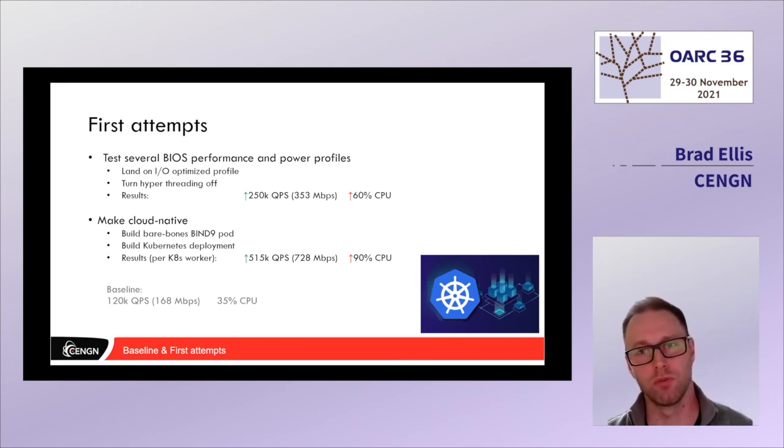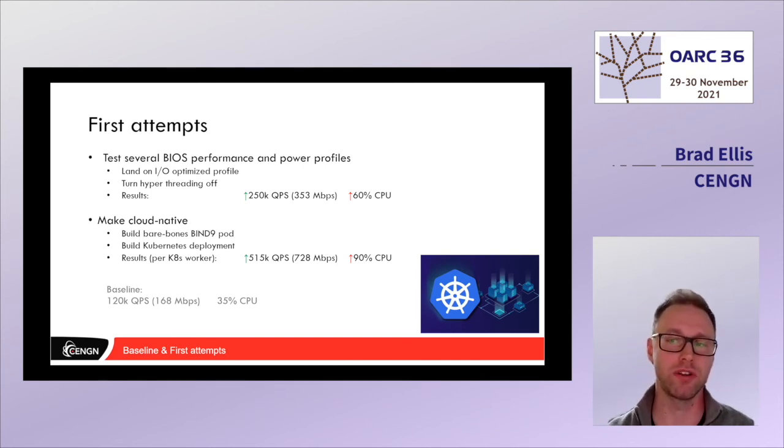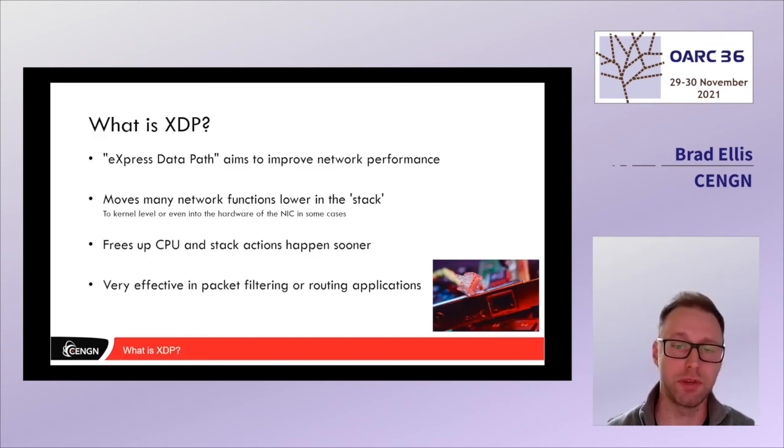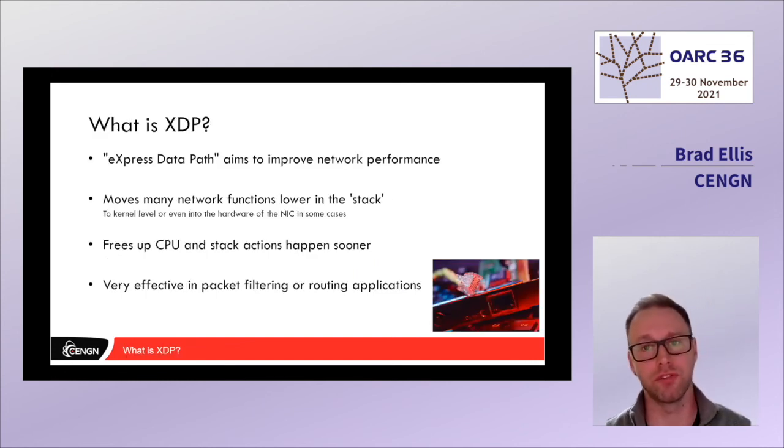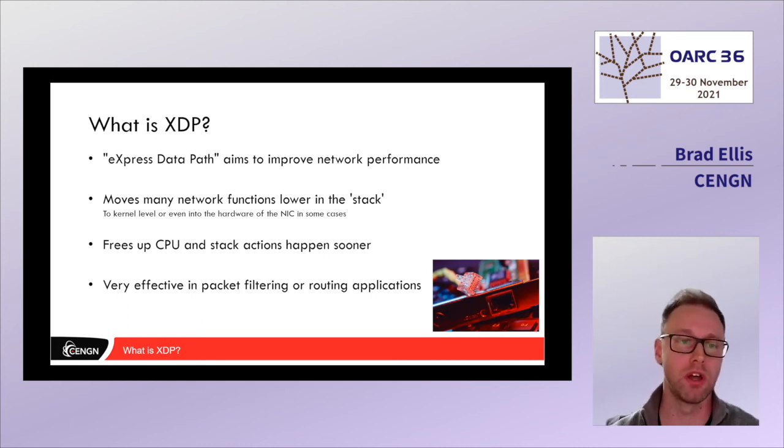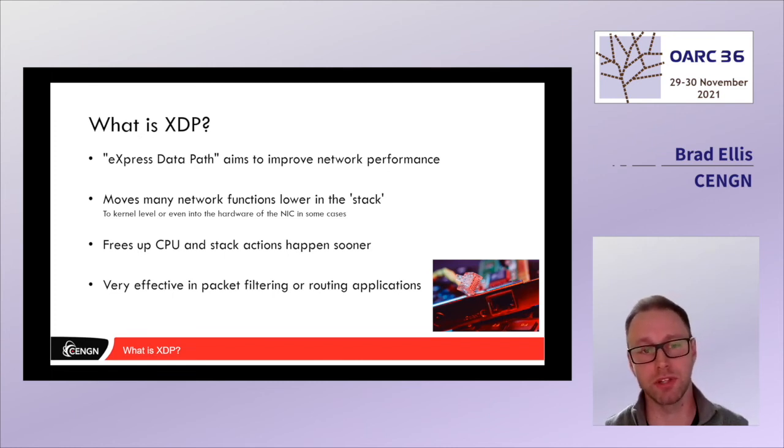So we started looking at some new technologies that might help us along, because clearly we're not CPU limited or something like that. And we found that one technology, XDP, would be very useful in what we think is going on here. So XDP stands for Express Data Path, and ultimately it's there to improve network performance.